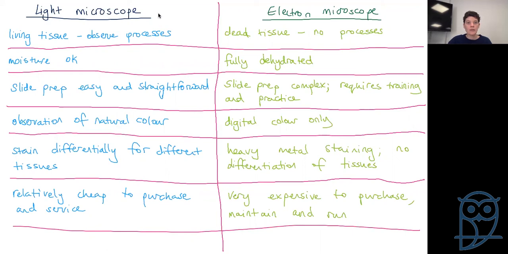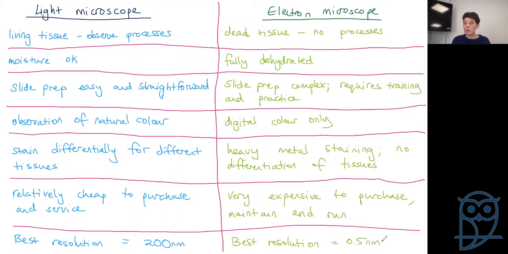So, best resolution equals 200 nanometers versus best resolution equals 0.5 nanometers.